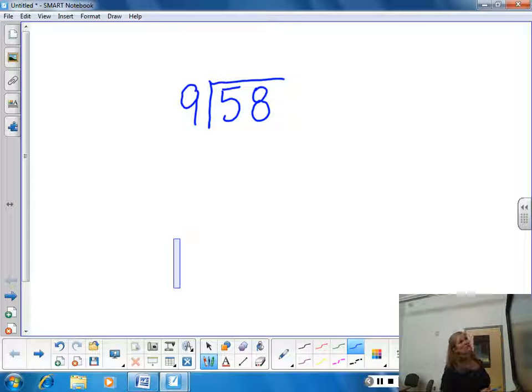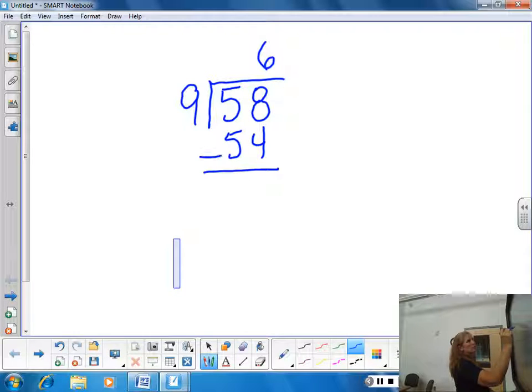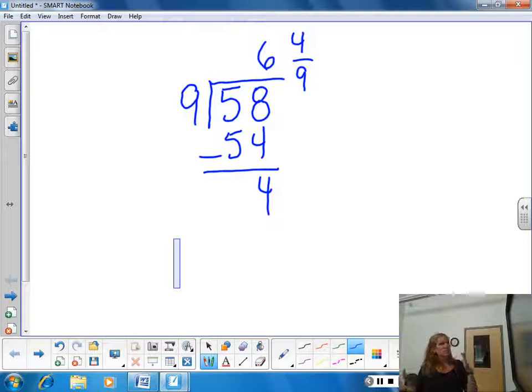Well, 9 doesn't go into 5. But 9 goes into 58 6 times because 9 times 6 is 54. 6 times 9 is 54. So we get 6 and 4 ninths. So we get 6 whole pieces, and then we have 4 ninths left, but 4 out of 9 left.